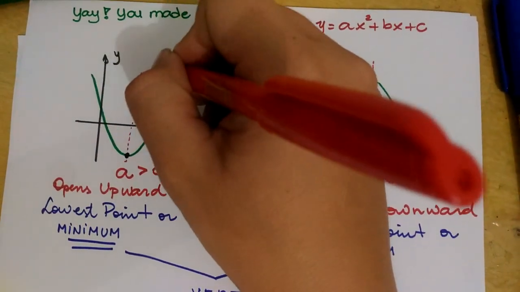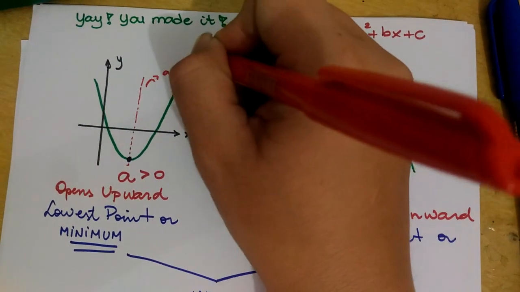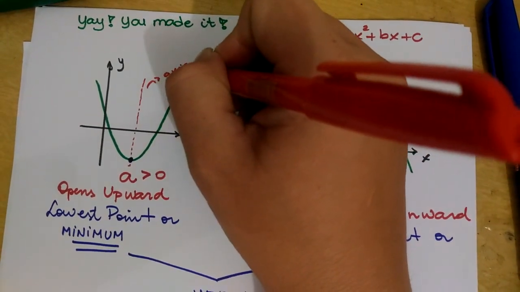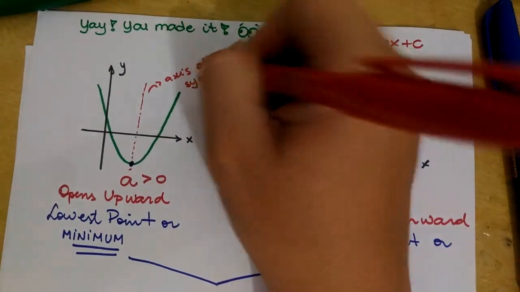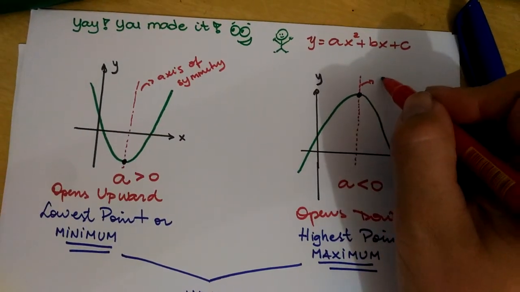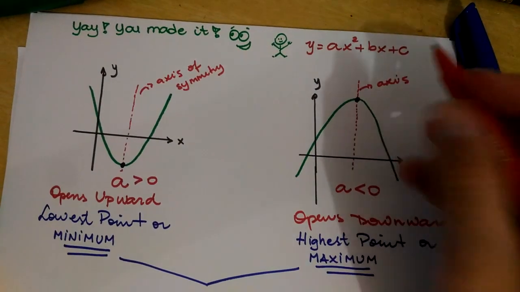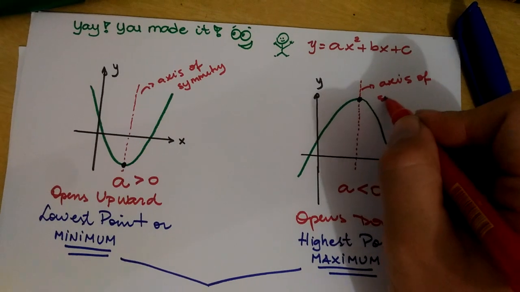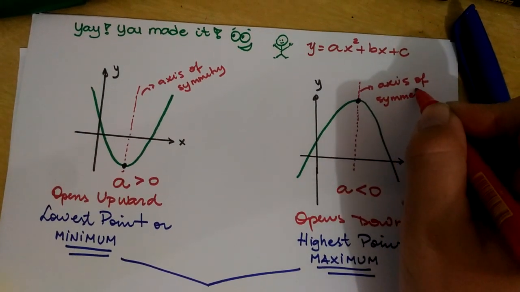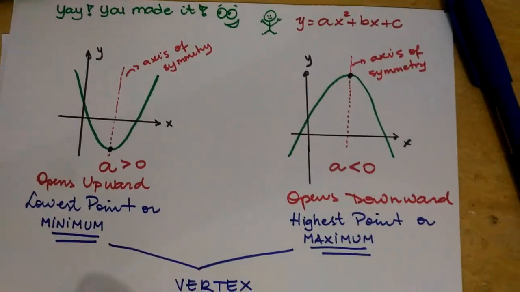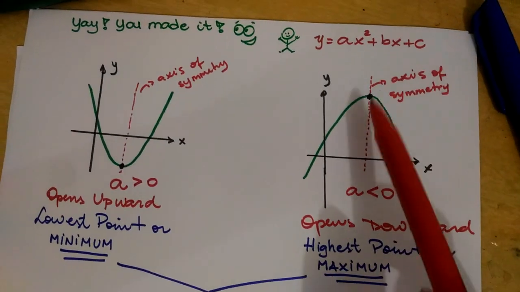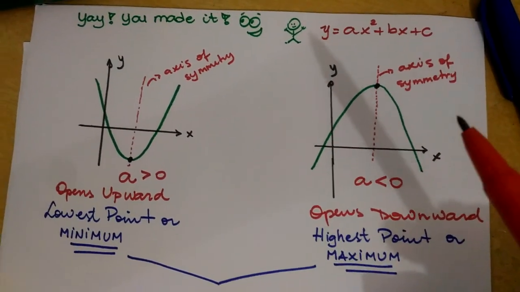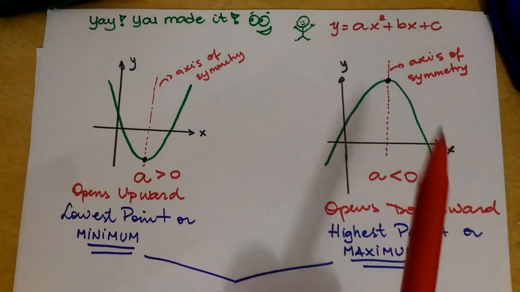This is the axis of symmetry here, and this is the axis of symmetry there. In theory, this axis should divide your graph into two equal parts.